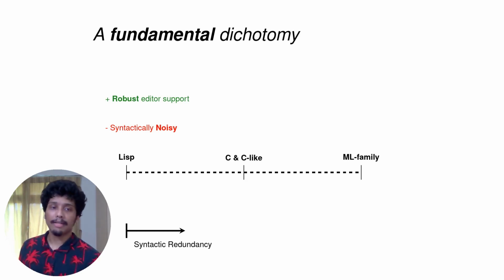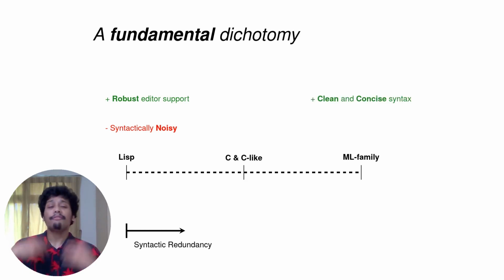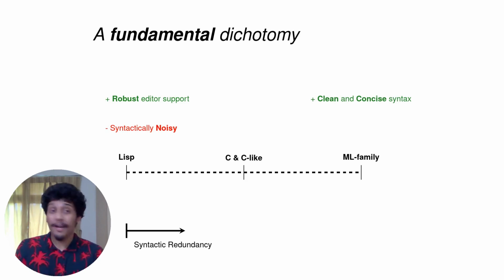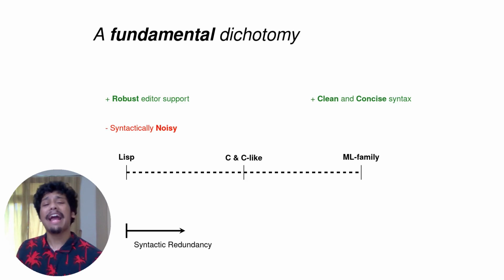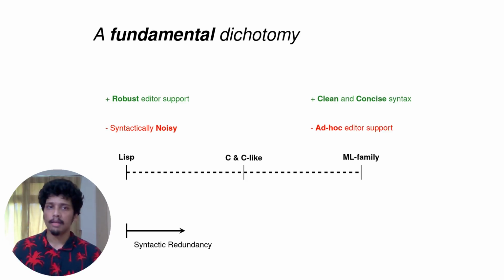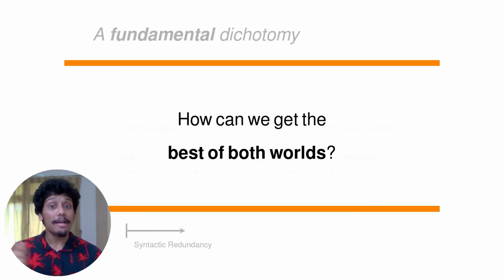Conversely, ML family languages, by virtue of very little syntactic redundancy, have a very clean and concise syntax that makes them a pleasure to read and write. But this comes at the cost of having very ad hoc editor support. So this is the fundamental dichotomy that we're brushing up against here. But is it possible to do better? Is it possible to get the best of both worlds?